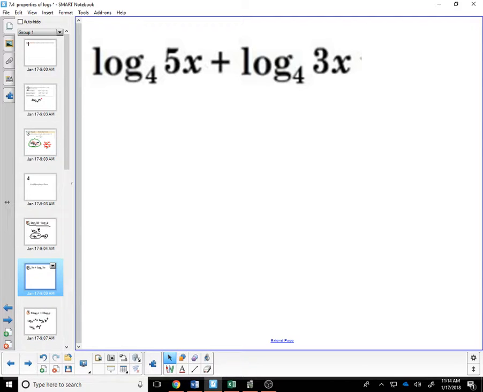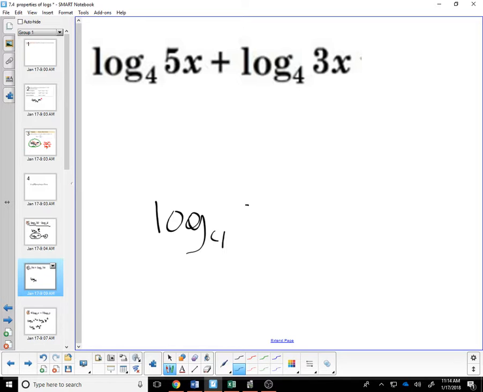Question goes to Mac. What do you got? So this is an addition problem, which means we're going to be multiplying, right? So what's my log going to be, with a base of 4?